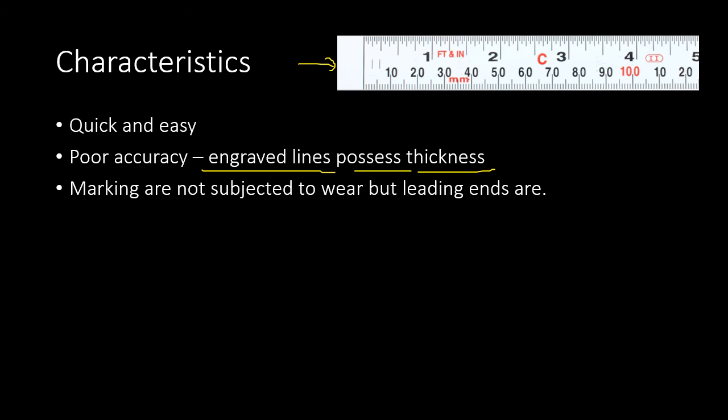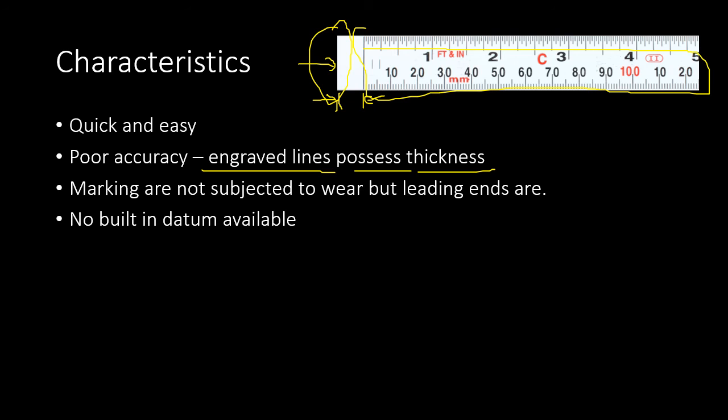The markings are not subjected to wear, but the leading ends are. So generally there is an additional length given towards the ends, because these ends are subjected to wear and tear. However, the marking on the scale is not.